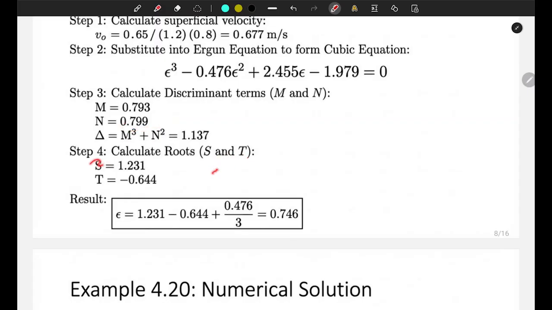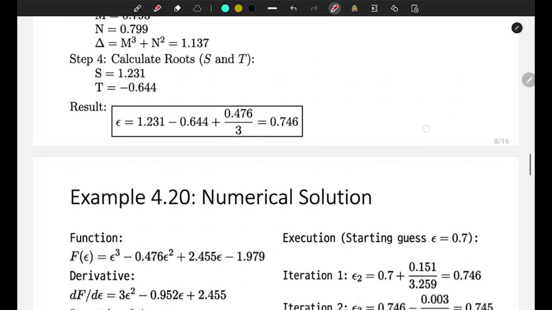Then the next step is to calculate the roots s and t, which come out to be 1.231 and t comes out to be minus 0.644, and the end result comes out to be 0.746.